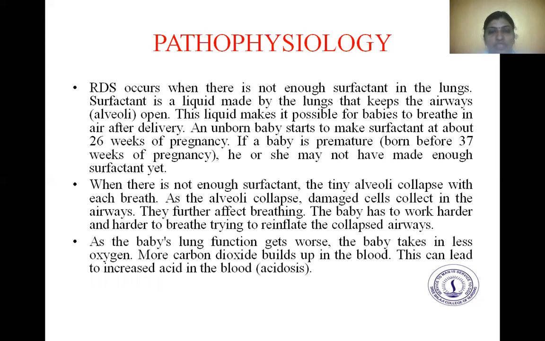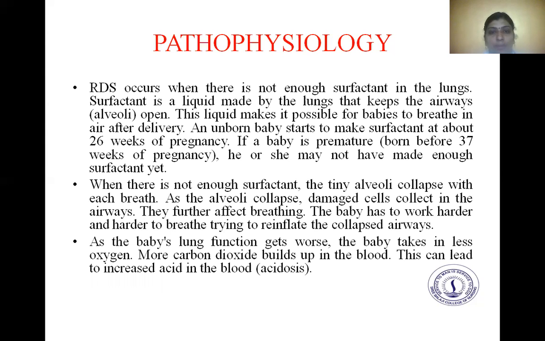Coming to the pathophysiology of respiratory distress syndrome, RDS occurs when there is not enough surfactant in the lungs. Surfactant is a liquid made by the lungs that keeps the airways, that is the alveoli, open. This liquid makes it possible for babies to breathe in air after delivery.